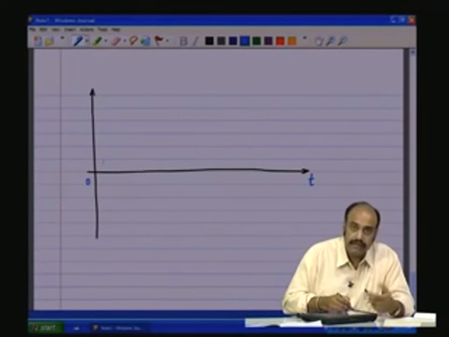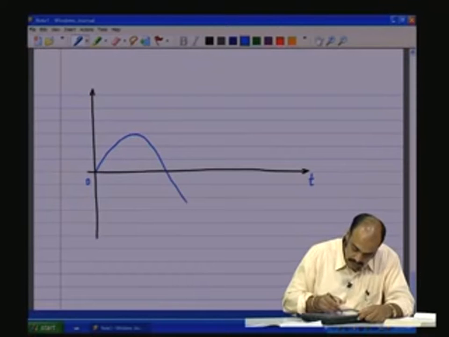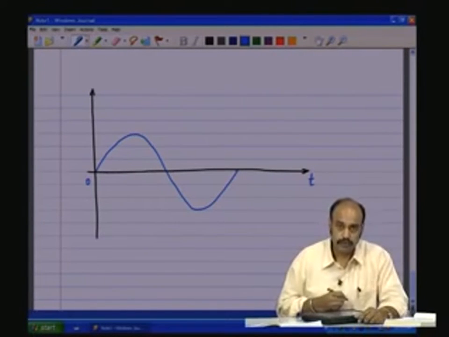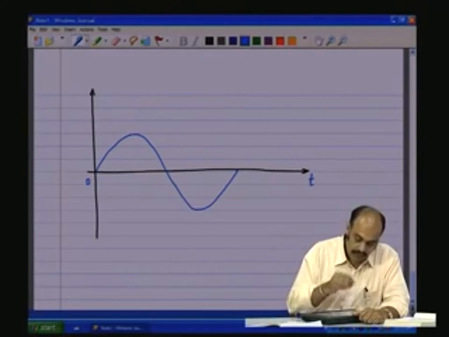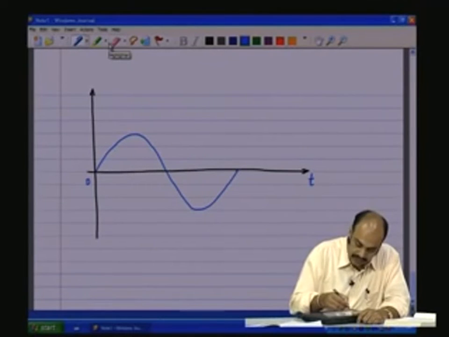Now, E A is the reference, so let it start from 0 like that, the sinusoid, and then reaches one full cycle. Now, the E B is displaced 120 degrees, it is lagging E A by 120 degrees.